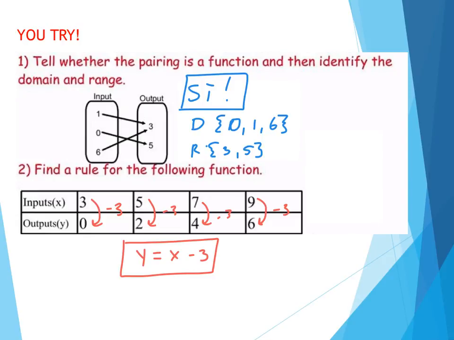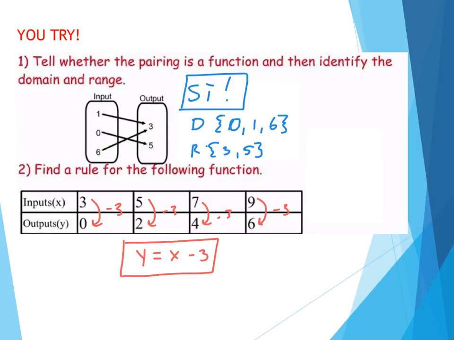Let's take a look. So first one, whether it's a function. What I saw, inputs, 1 to 3, 0 to 5, 6 to 3. Does each input have only one output? The answer is yes. You may get confused with the 6 and the 1 both going to 3.